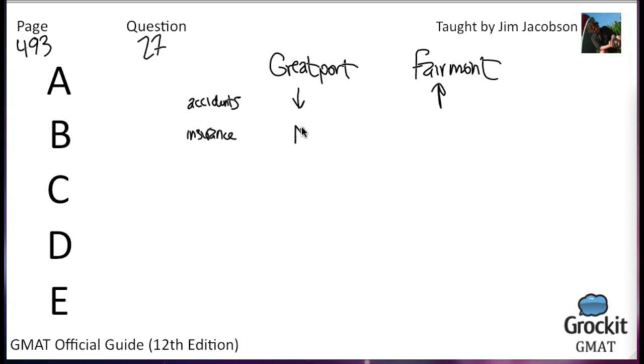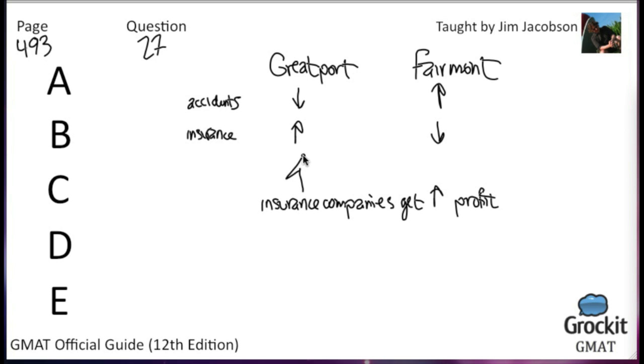Insurance in Greatport is higher, and in Fairmont it is presumably lower because those are the two things we're comparing. It's a binary opposition. The conclusion is that insurance companies are getting a greater profit in Greatport because accidents are down and the insurance rates are higher.